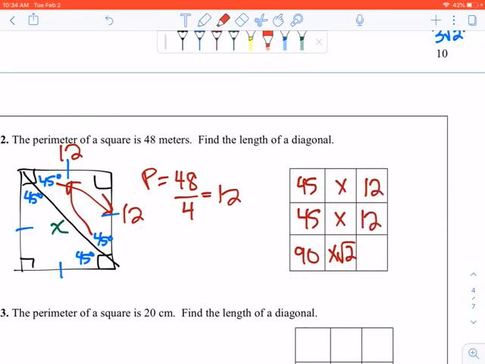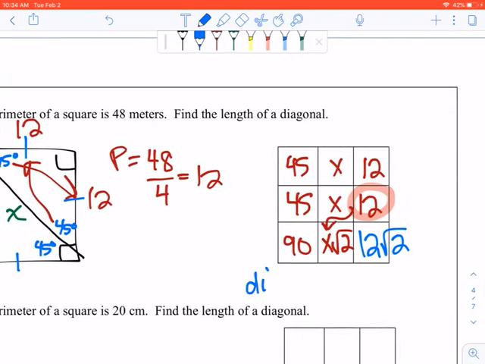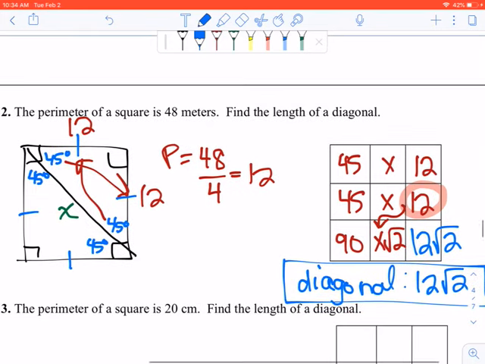And then I plug in the 12 for x. So 12 root 2. The diagonal is the one that's across from 90. That would be 12 root 2, because if you look back at the picture, across from the 90-degree angle is the diagonal in that triangle.